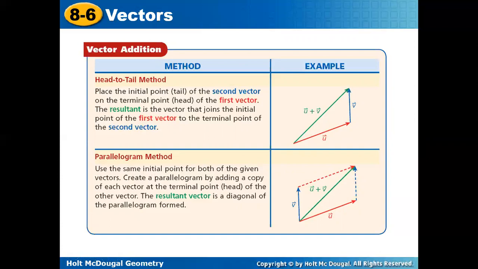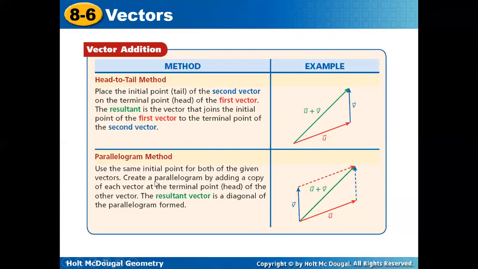So the resultant vector, or the addition of the two vectors, if you start from the first point and end with the last terminal point, is equivalent to the sum of the two vectors. This is the first way. So u plus v, you can start here and end here, okay?